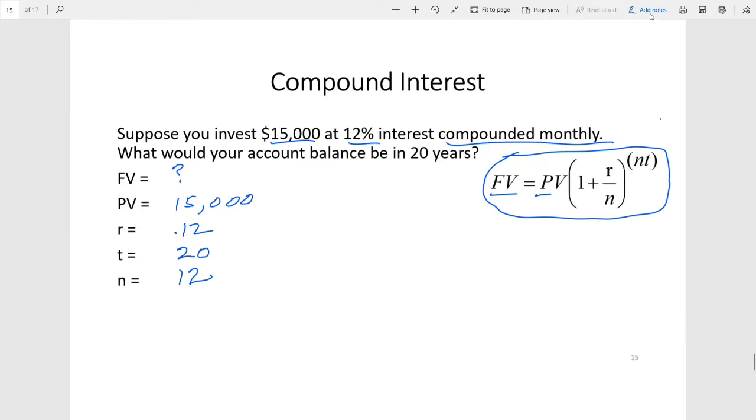So we need to write down the future value equals the present value, which is 15,000, to substitute in the formula, times 1 plus 0.12 over 12, to the NT power, which is 12 times 20.